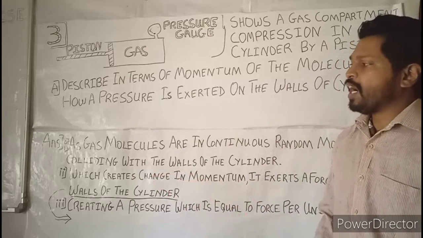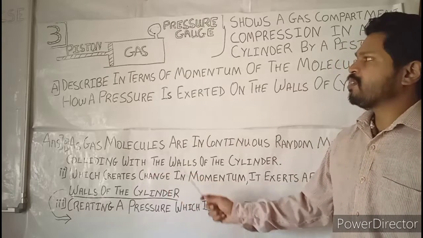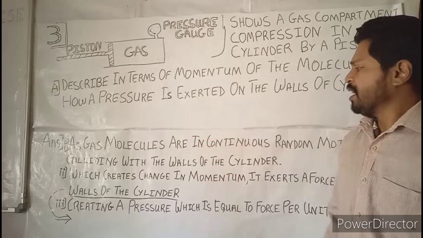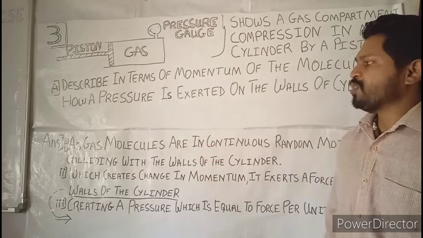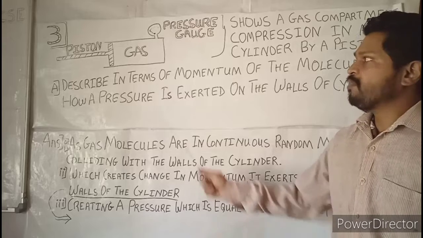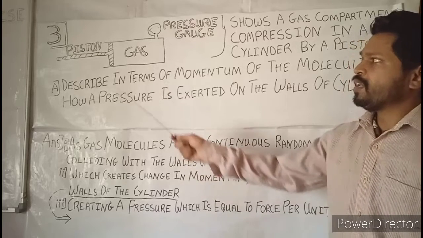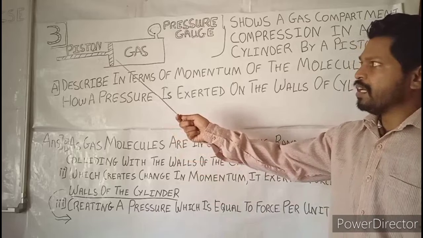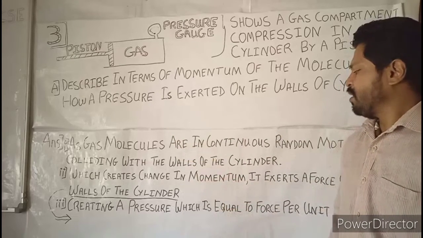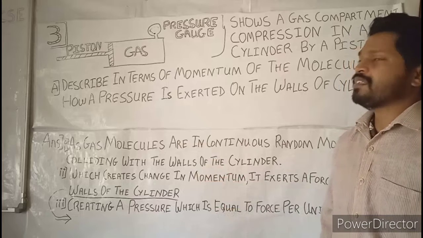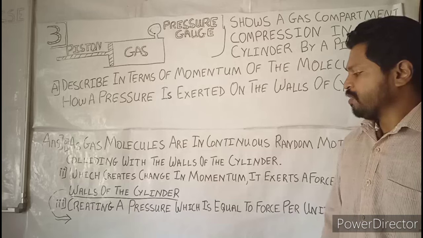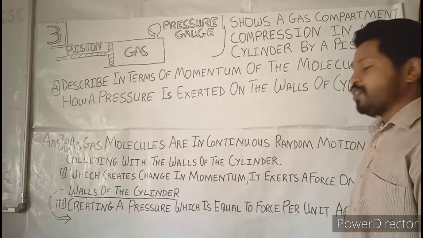the cylinder. So our answer is gas molecules are already present in the cylinder, in continuous random motion, and when they are in continuous random motion they collide with the walls of the container. When the force is applied on the piston, it creates a momentum, and this is exerted on the walls of the container, and this creates a pressure which is equal to the force per unit area.